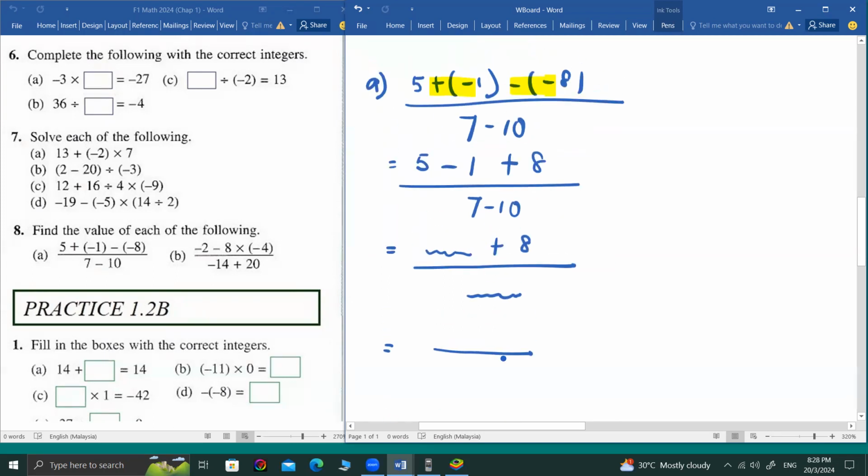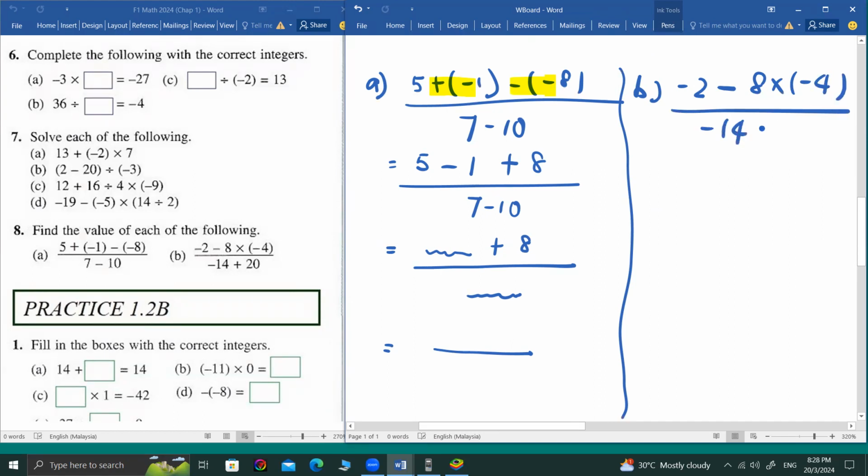Okay, wait, one more, listen to me first. -2 minus 8 times -4 divide -14 plus 20。等下我再教你们用 calculator。Okay, class, you see this. 看啊，-2 minus, OK，你乘这边先，看到吗？8 times -4, you write down here first.